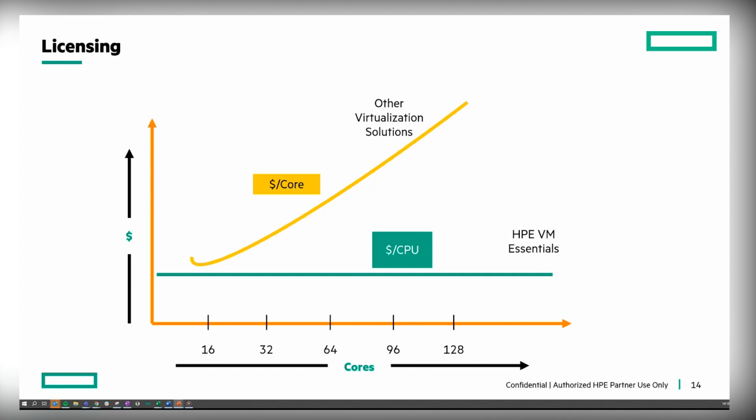So work with your aligned channel partner or your HPE account team to get a quote for your existing environment or new environment today. How we differ from other virtualization solutions available on the market is that we are priced per CPU. So regardless of the number of cores that your environment has, you require one license per CPU rather than core-based. That can help customers save up to 86% compared to other leading hypervisors in the market today.